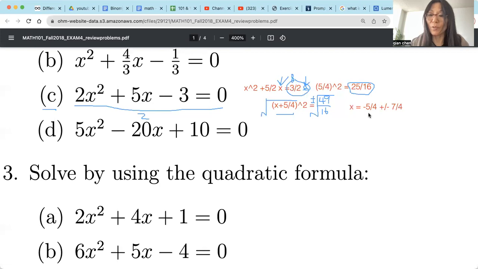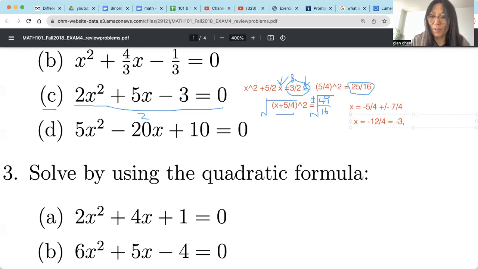We have two rational solutions. So how do we simplify these two solutions? So x equals -5, but with a common denominator of 4. So -5 plus -7, that's -12. -12 divided by 4, we get -3. So this is one solution.